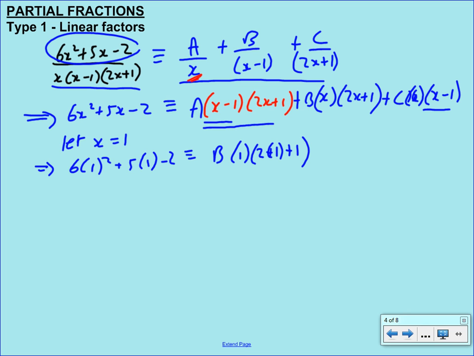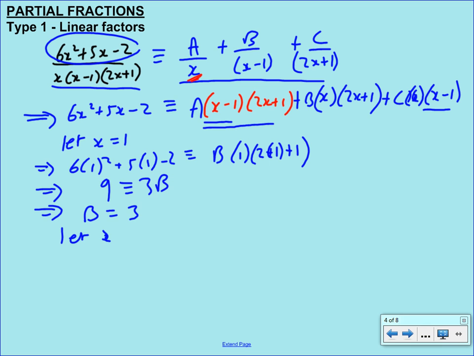And then the c will go as well. So this gives me 6 plus 5 is 11 minus 2 is 9. It's the same as 1 times b. And then in the bracket there, that's 2 plus 1 is 3, so 3b. So b equals 3.